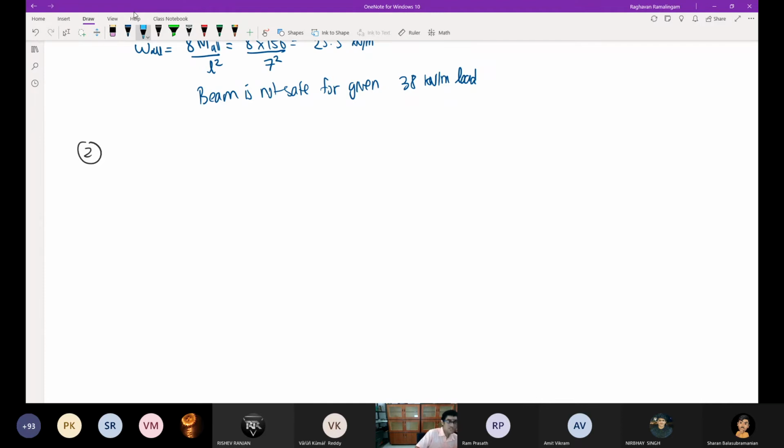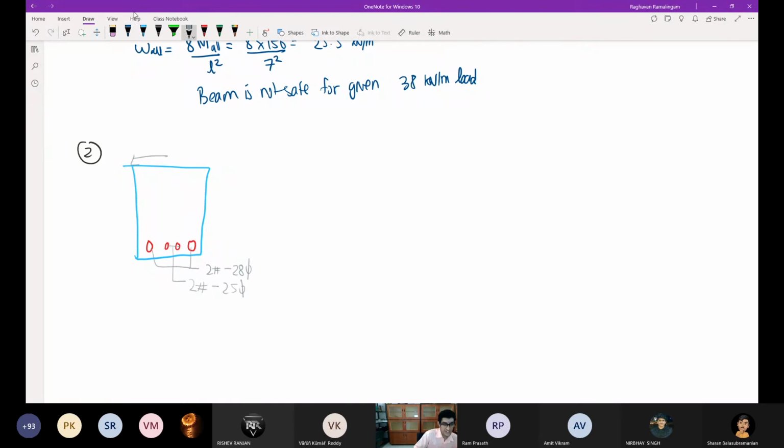So we have this beam, and the reinforcements are of different size. These two are two numbers of 28 diameter, and these two are two numbers of 25 diameter.